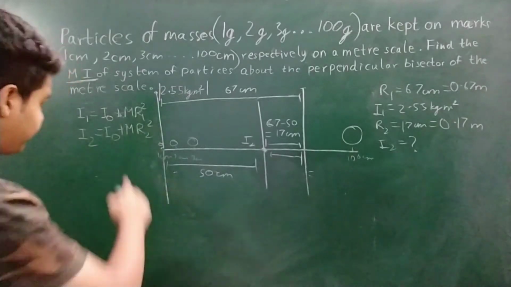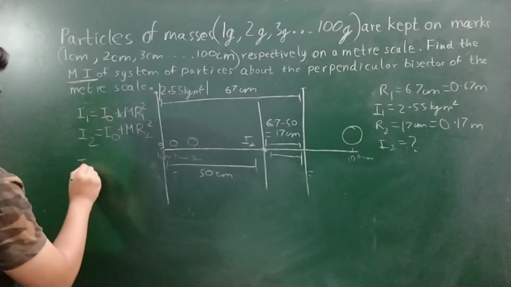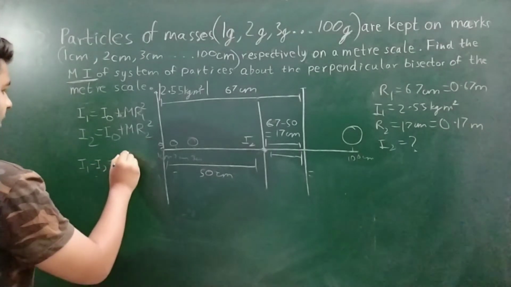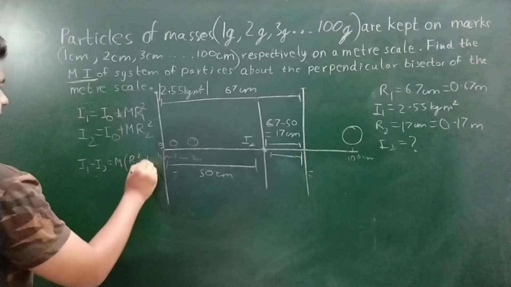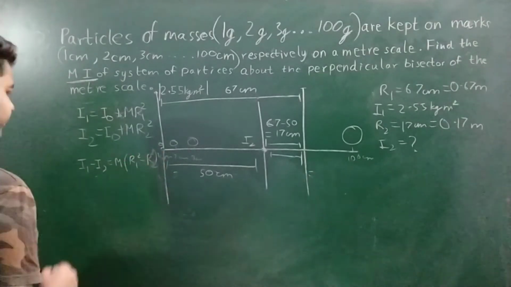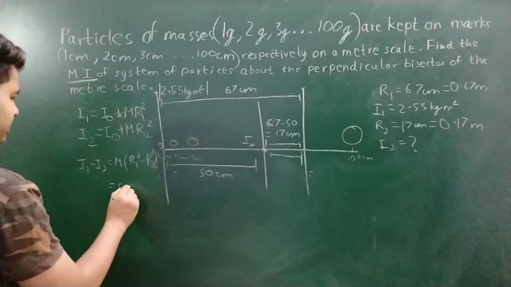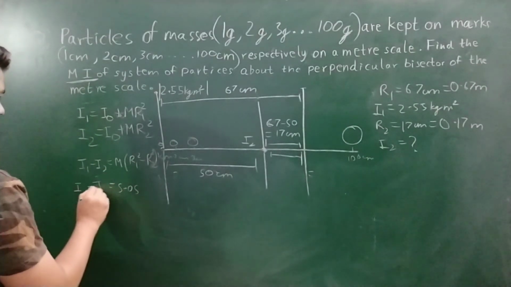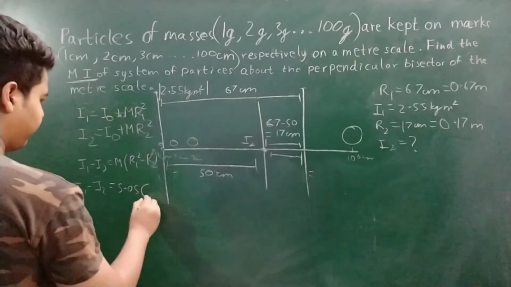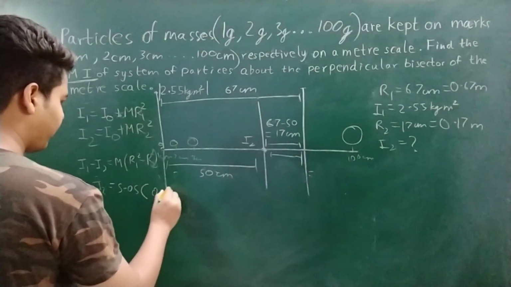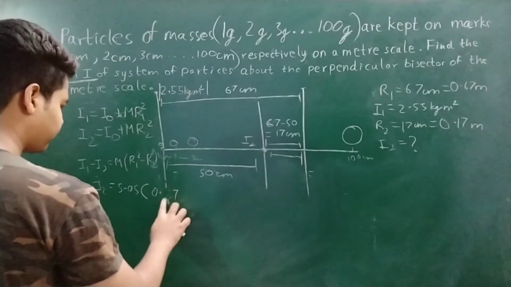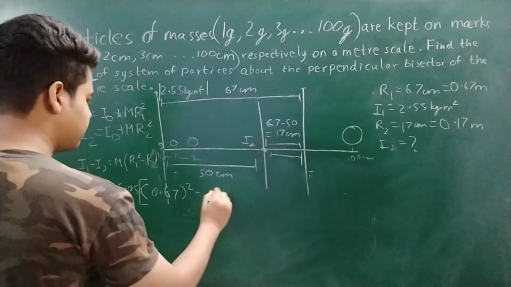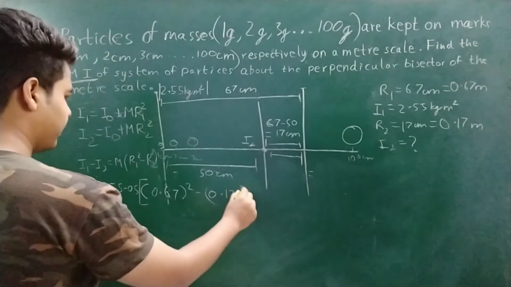If we subtract these two equations, we get I1 minus I2 equals m into R1 square minus R2 square, that is, I1 minus I2 equals 5.05 into 0.67 square minus 0.17 square.